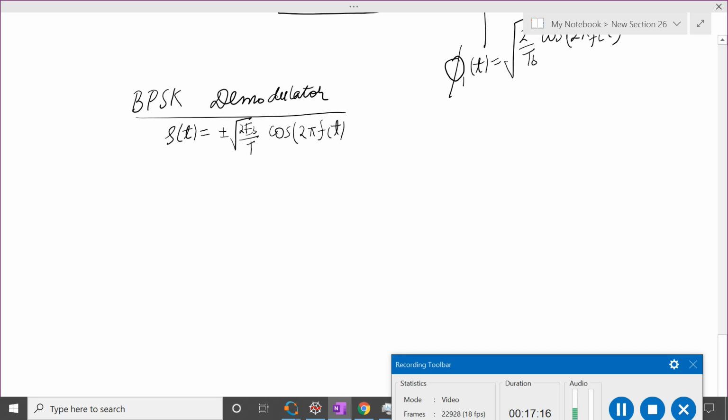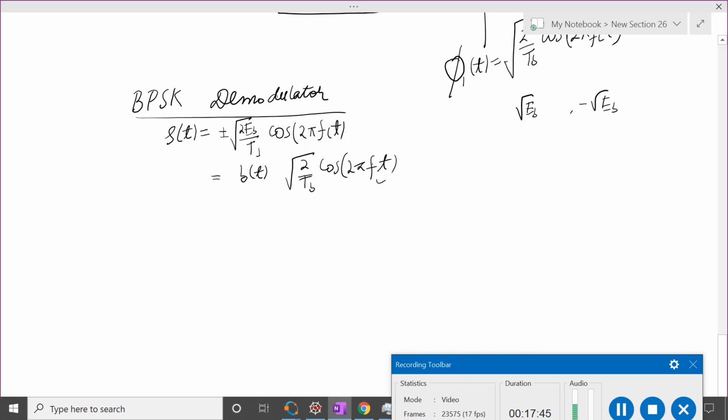Now how to get back the original? What is your message? Your message is either root EB or minus root EB. Let me represent it by B of t, so that we don't have to write the symbol each time.